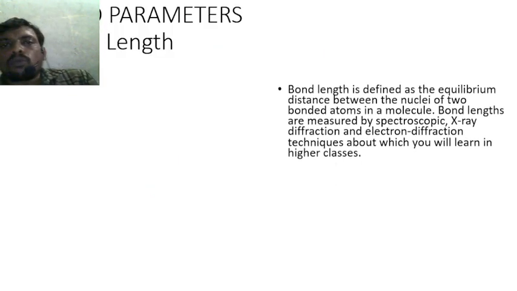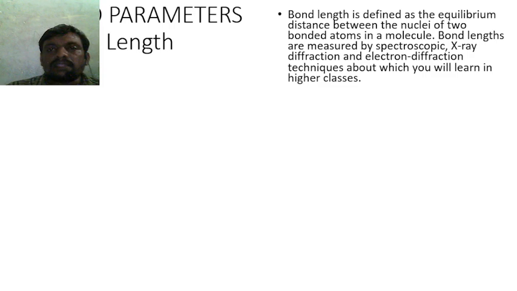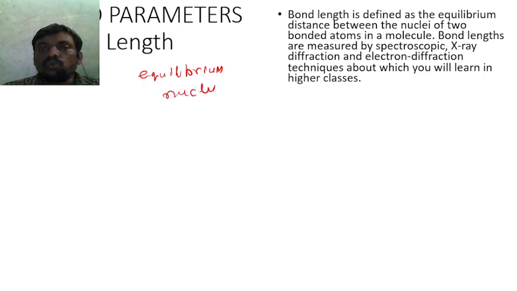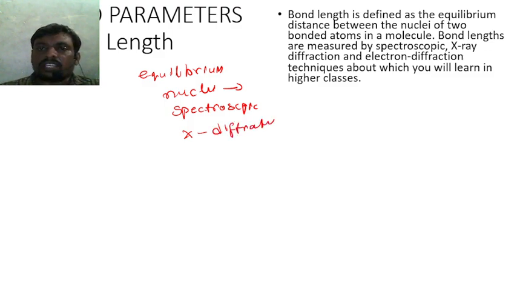Bond parameters: bond length. Bond length is defined as the equilibrium distance between the nuclei of two bonded atoms in a molecule. Bond length is generally measured by spectroscopic, X-ray diffraction, and electron diffraction techniques.